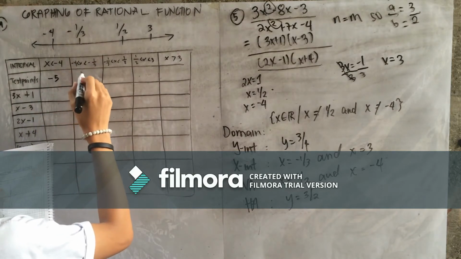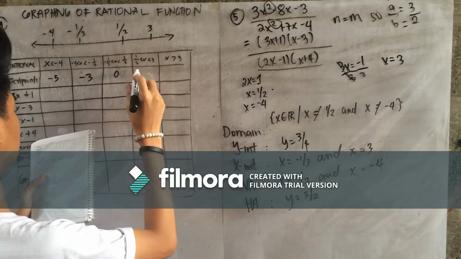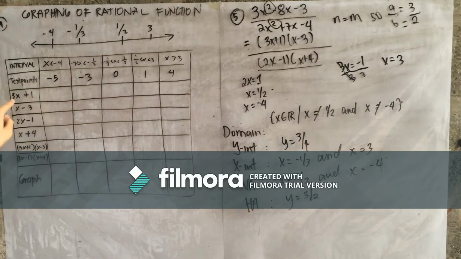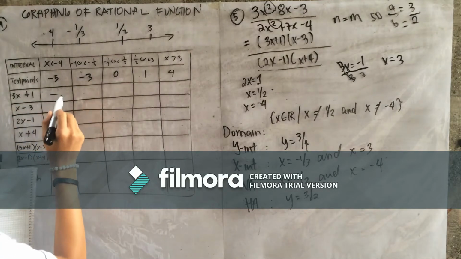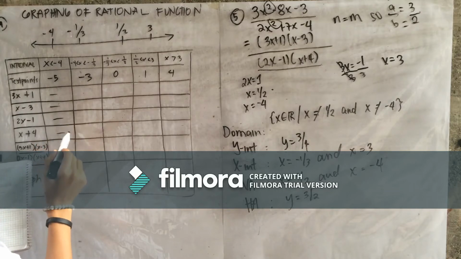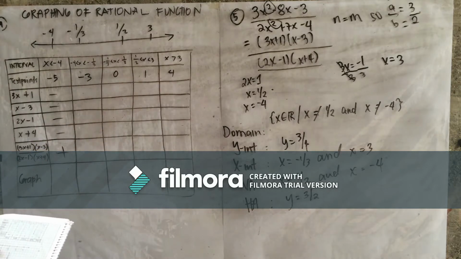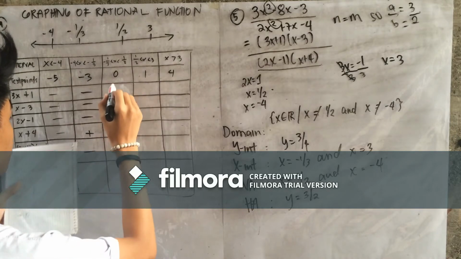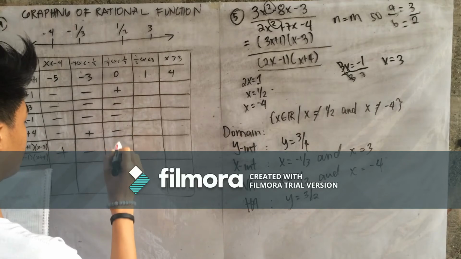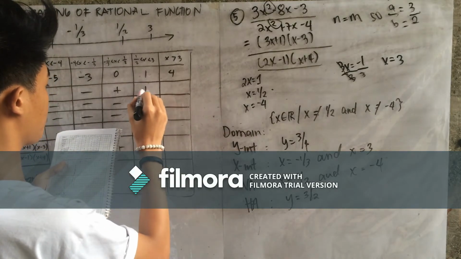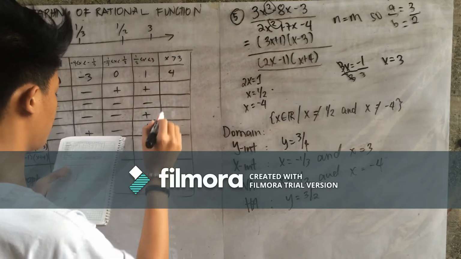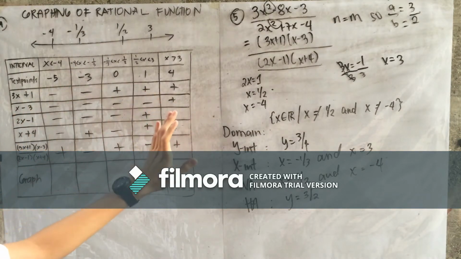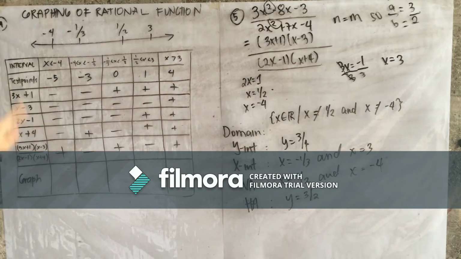The first is -5, -3, 0, 1, and 4. When we substitute -5 into the test points, the answer is negative. I got these signs by substituting the test points into the given function.